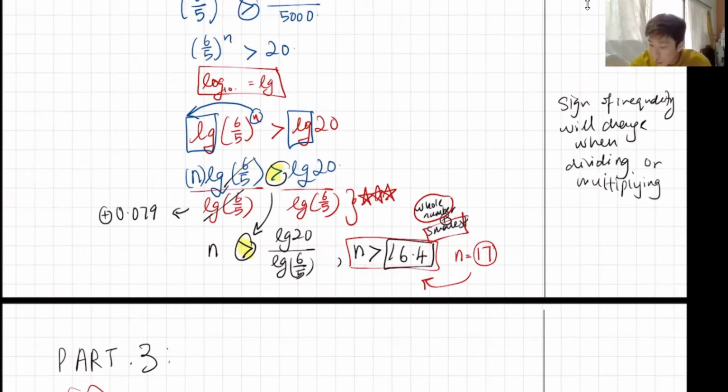Only multiplying and dividing by a negative number changes the sign. So you must know what kind of log will give you a negative number.